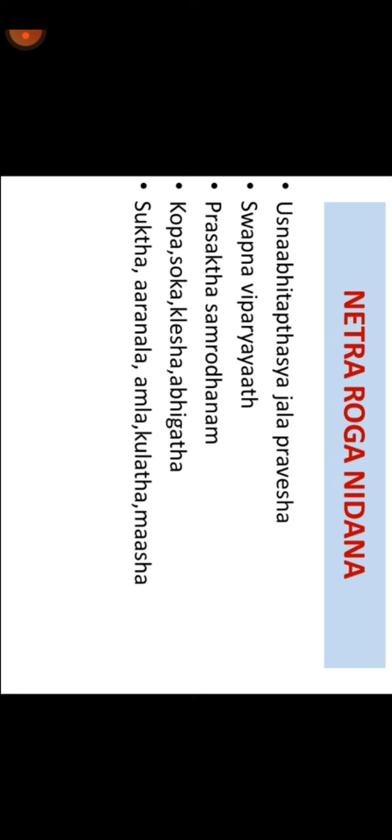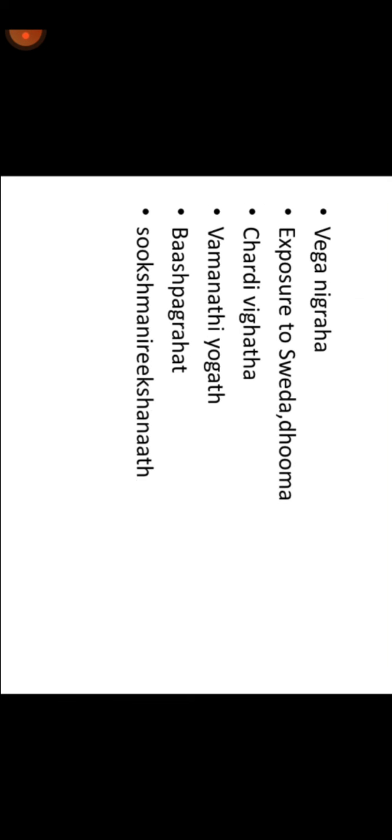In the Nidana, Acharya Susruta mentioned a lot of factors, such as Ushnabhitaptasya Jala Pravesha, Swapna Viparyaya, Prasakta Samrodana, and like that. Here, Vegarodha, exposure to Sweda, Dhuma, Chardi Vighata, Vamanadi Yoga, Bashpagraha, Sukshma Nirikshana, all these factors Acharya clearly mentioned.